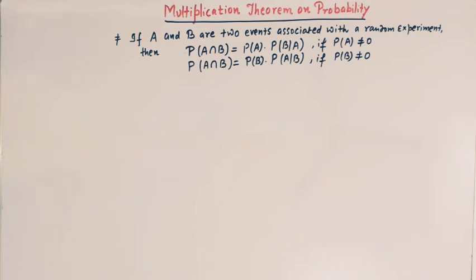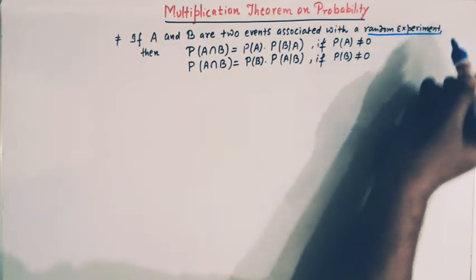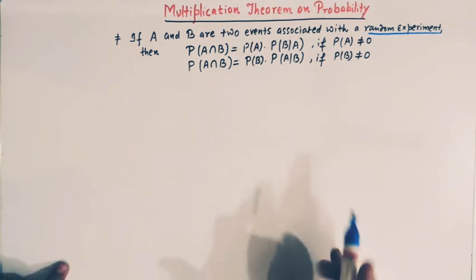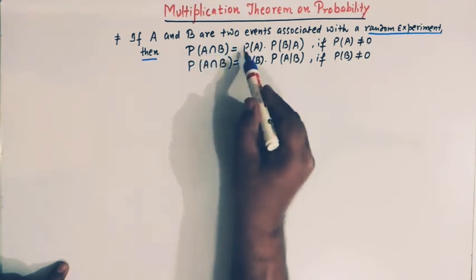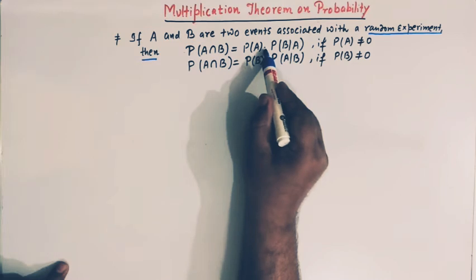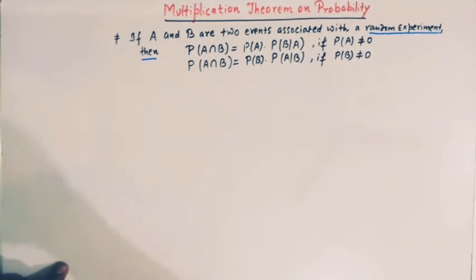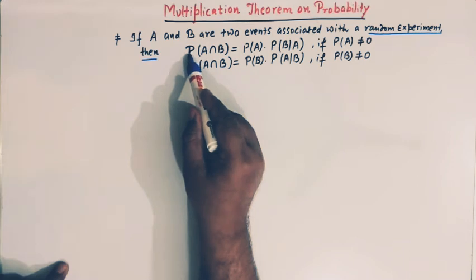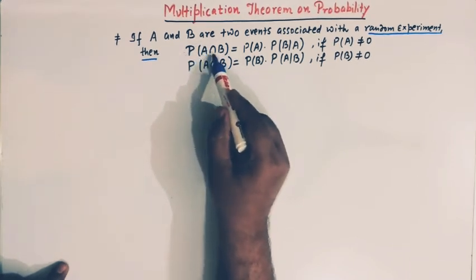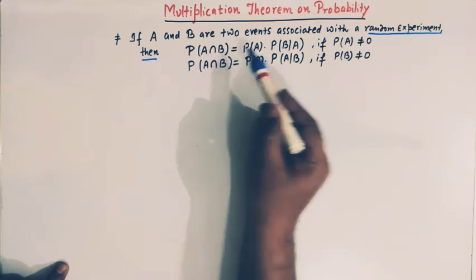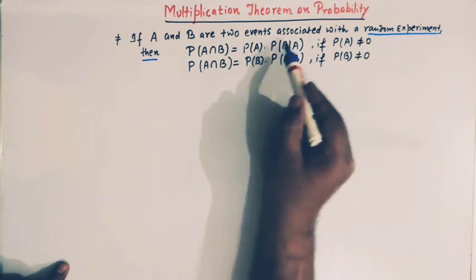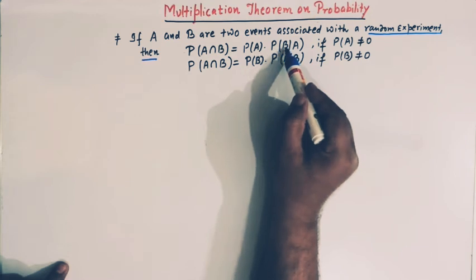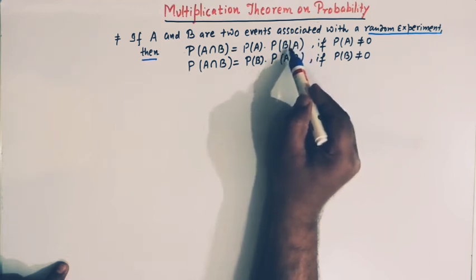Here, if A and B are two events associated with a random experiment, then P of A intersection B is equal to P of A times P of B by A. Now here this P stands for the probability of happening of the event A intersection B, which is equal to the probability of happening of the event A multiplied by the conditional probability of happening of B when A has already happened.